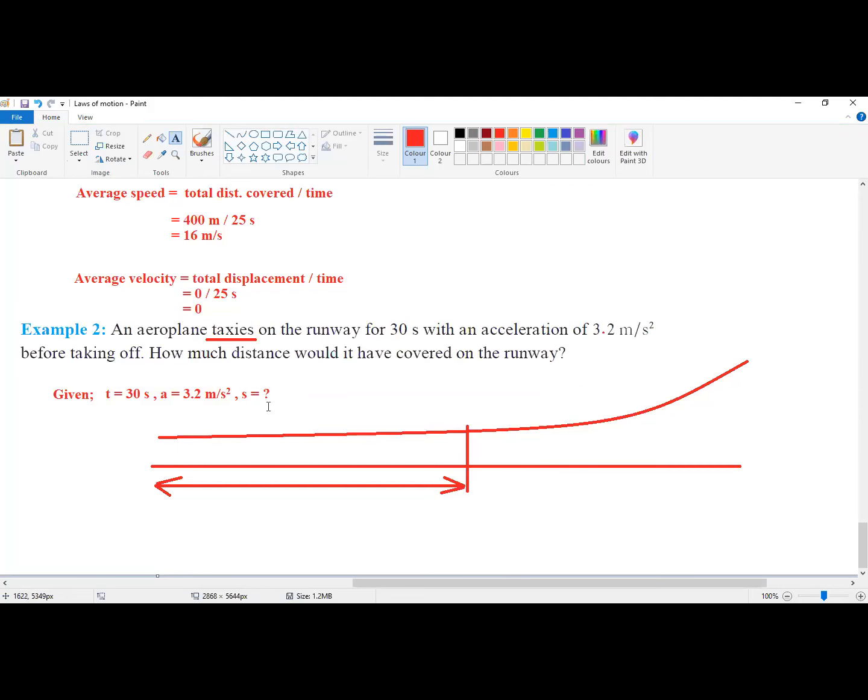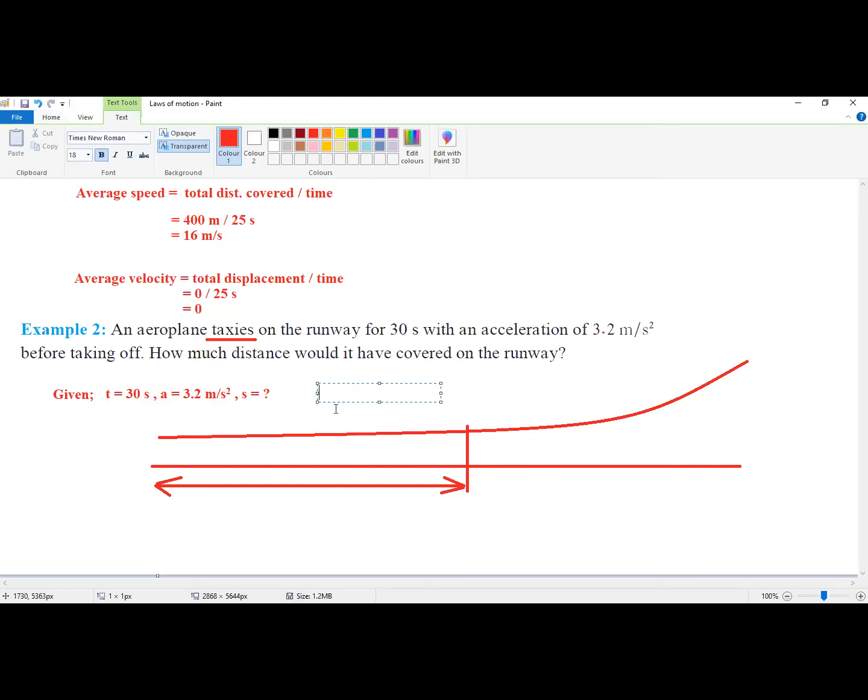See, s is the displacement, so we have the velocity equation where we can put s by t. Another equation related to s is s is equal to ut plus 1 half at square, the second equation of motion, to find the total displacement.